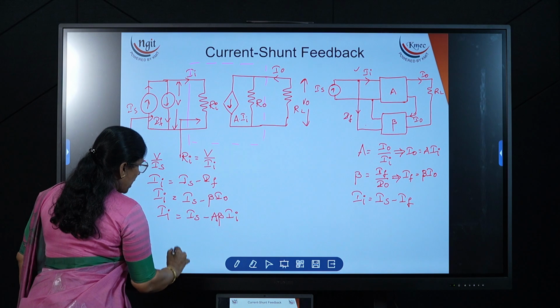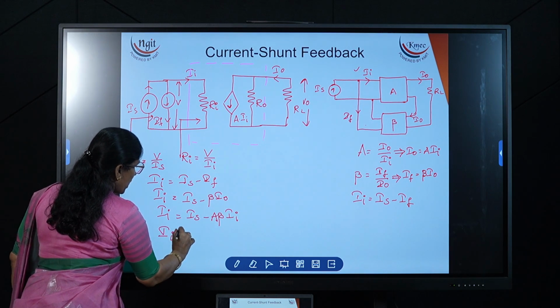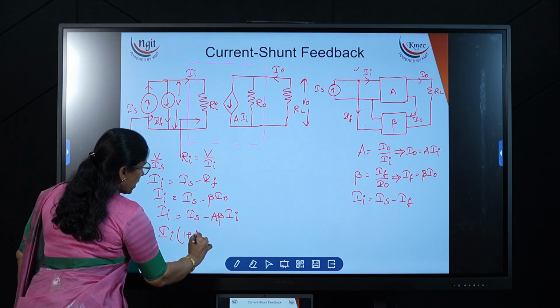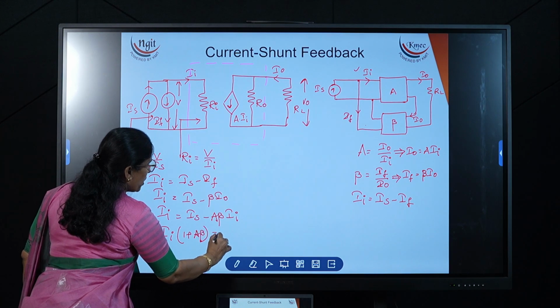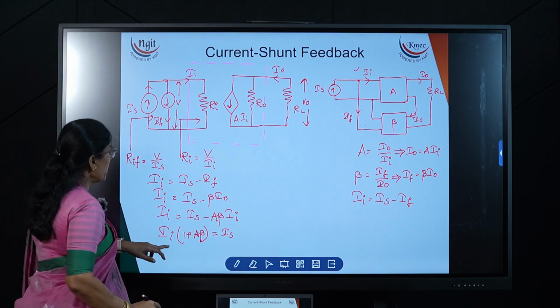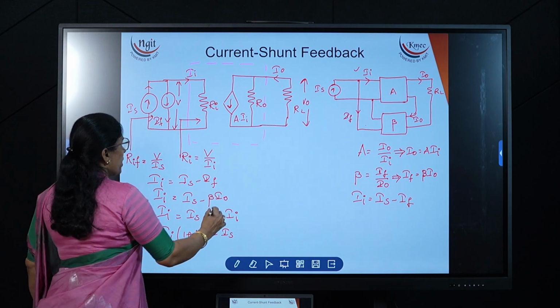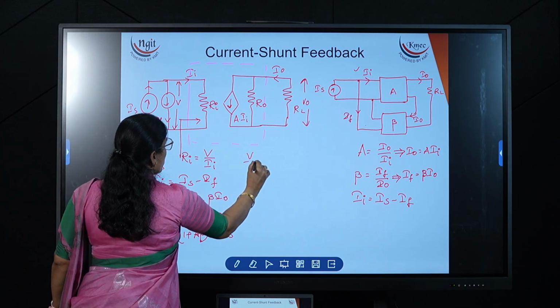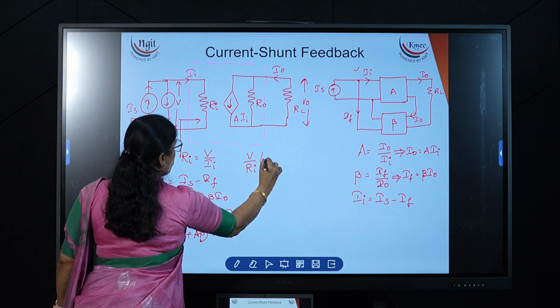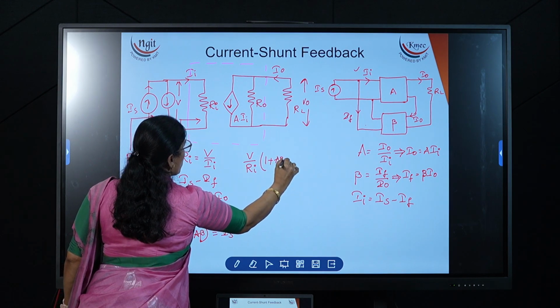Taking all II terms together, I will get II into (1 plus A beta) is equal to IS. Then II is equal to V divided by Ri into (1 plus A beta).